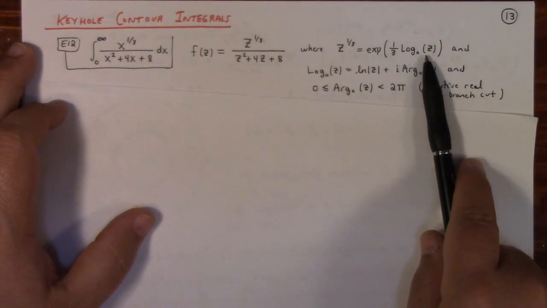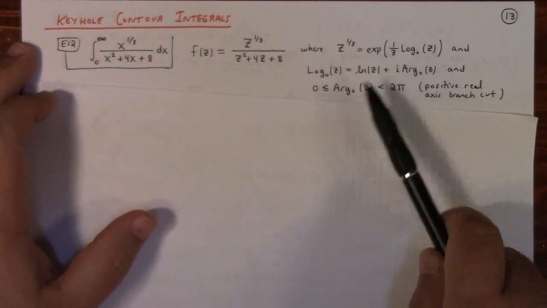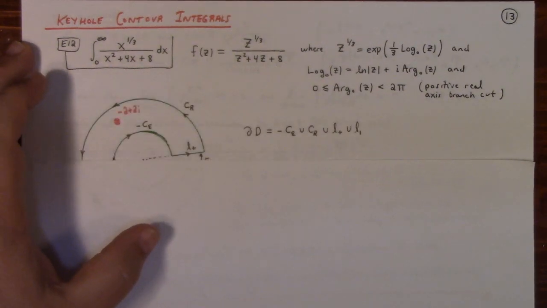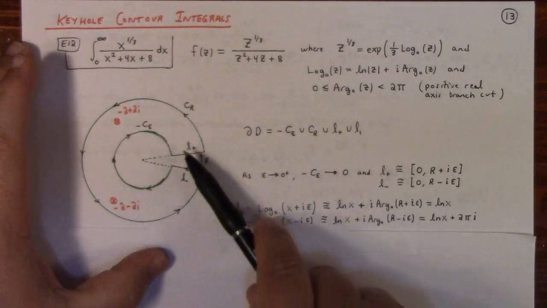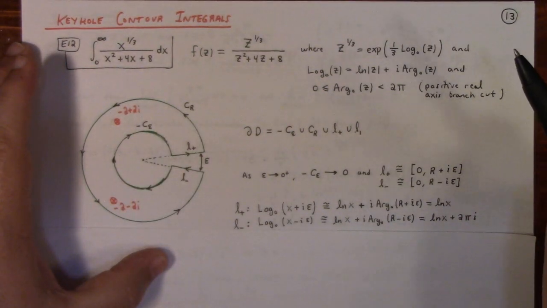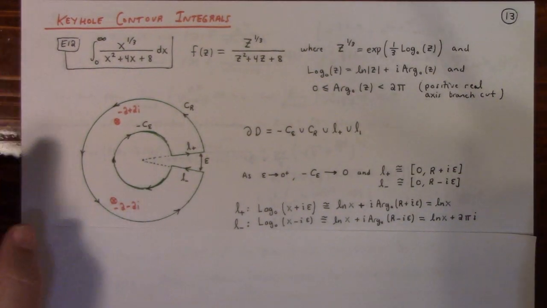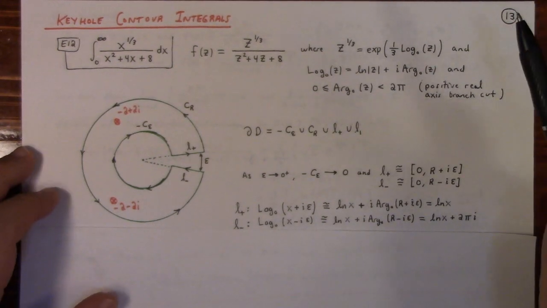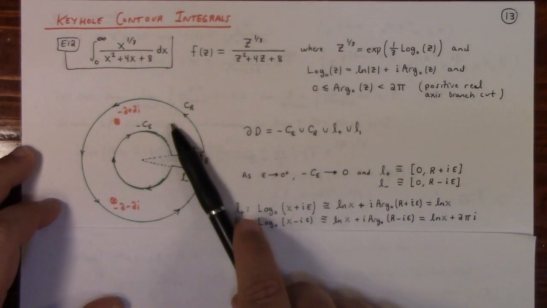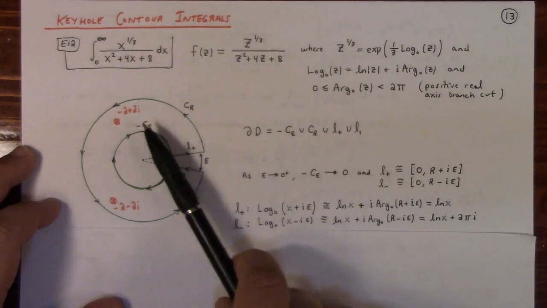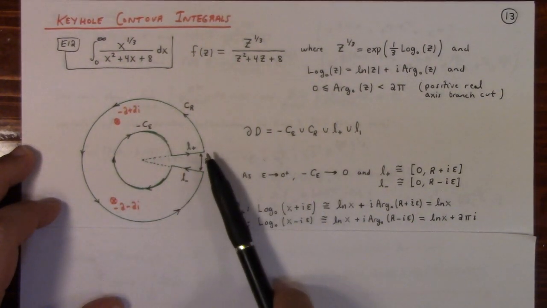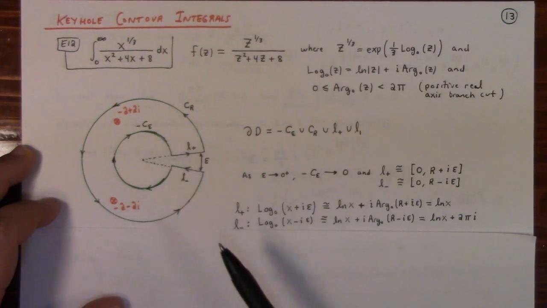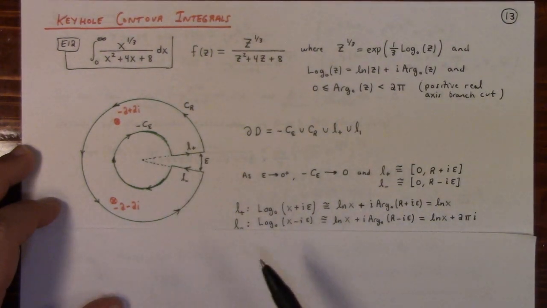This time we'll use the branch cut at the positive axis. And so then we use this, I call it a keyhole contour, but this doesn't look like a keyhole exactly, does it? But you remember the picture we drew in class, it looks more like a keyhole. It's basically the same idea. The point is that this region has two singularities for our function, -2 plus or minus 2i. And the boundary, you've got your inner loop and your outer loop, and your L plus and your L minus.